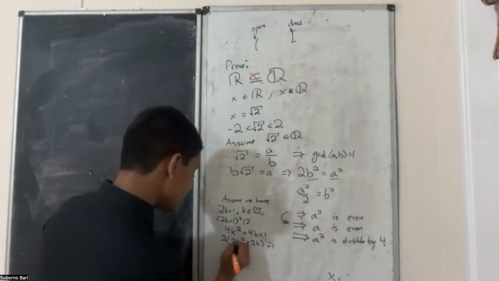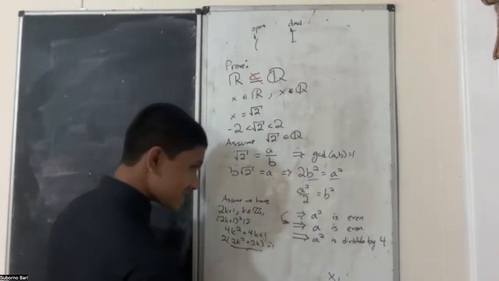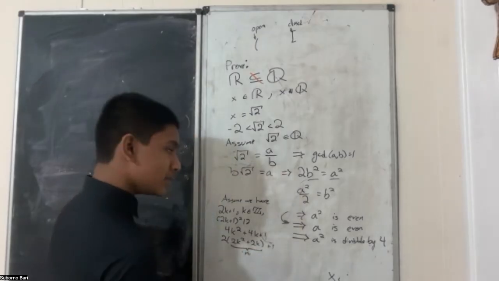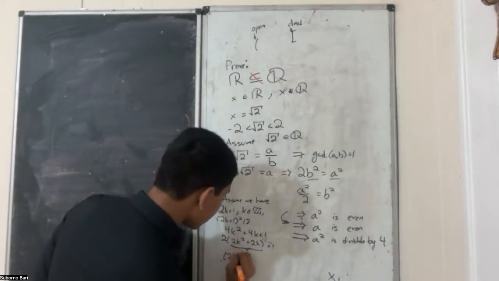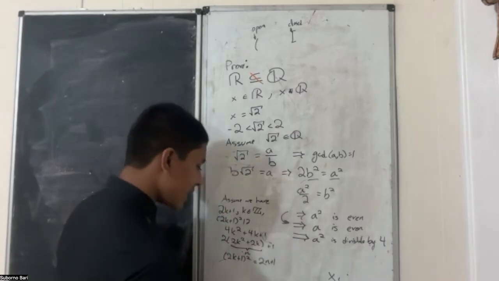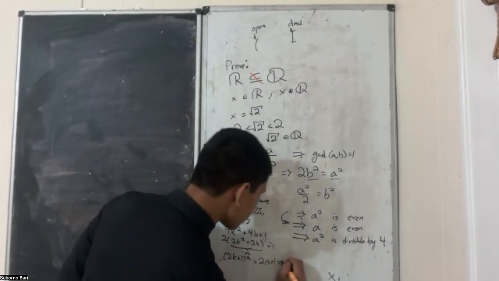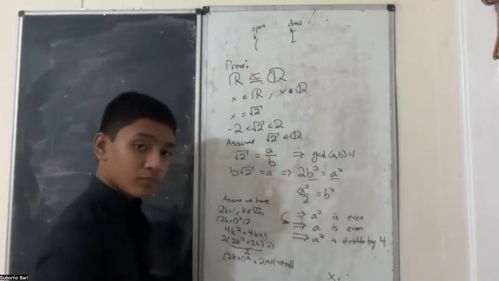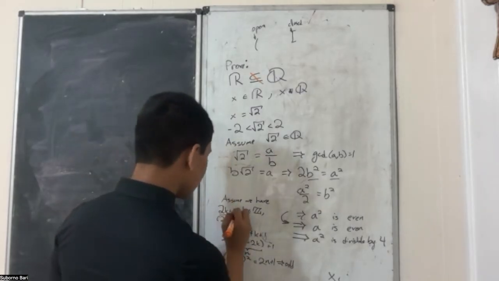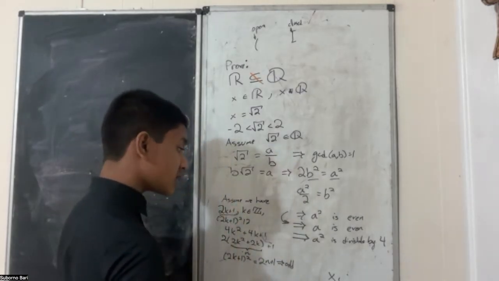And since k is an integer, what's in these brackets is also an integer, let's call it n. Then that means 2k plus 1 squared can be written as 2n plus 1 for an integer n, which means that it's odd and not even. Proof by contradiction, which means that 2k plus 1 squared is always odd.